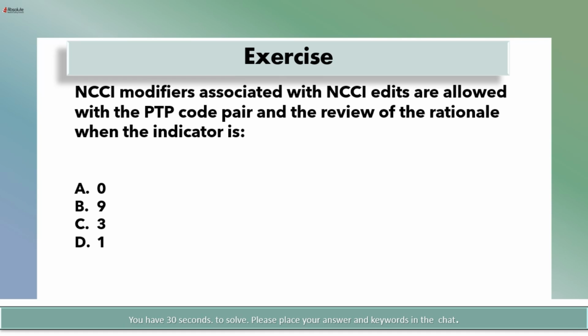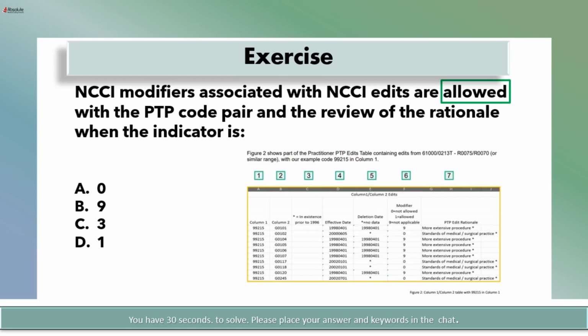All right, that is time. You have your answers. And our keyword here is allowed. So if we look at the table, and remember we have our column 1, our column 2, we're going to go all the way over to our modifier indicator, and we need a modifier of 1, correct?